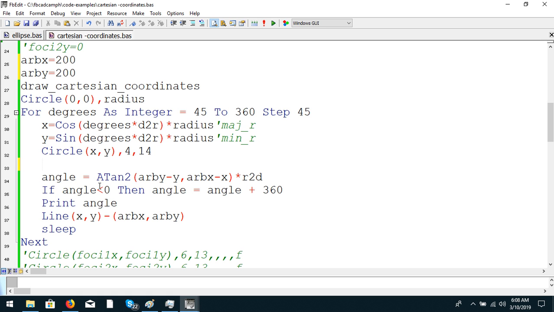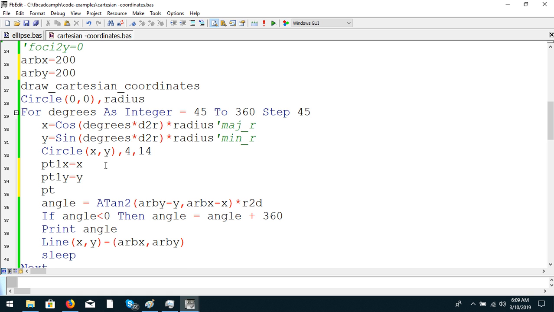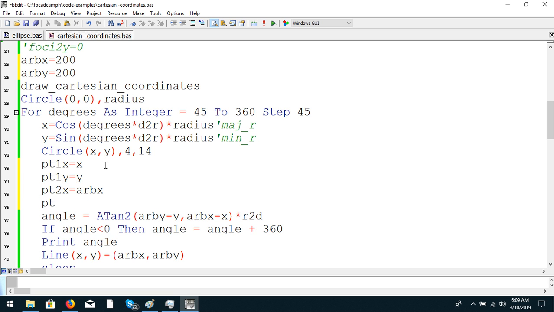So I'm going to say p1x equals x, and p1y equals y. That's the point on the circle. And p2x equals the arbitrary x, and p2y equals the arbitrary y.